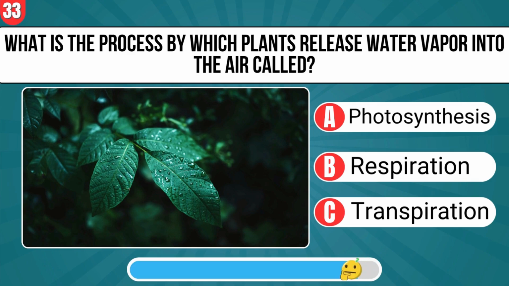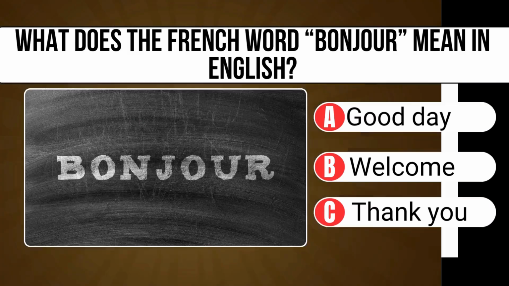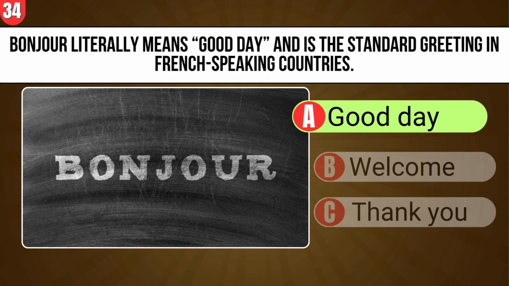What is the process by which plants release water vapor into the air called? The process is called transpiration. What does the French word bonjour mean in English? Bonjour literally means good day.